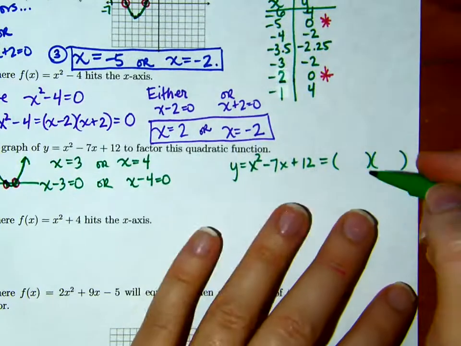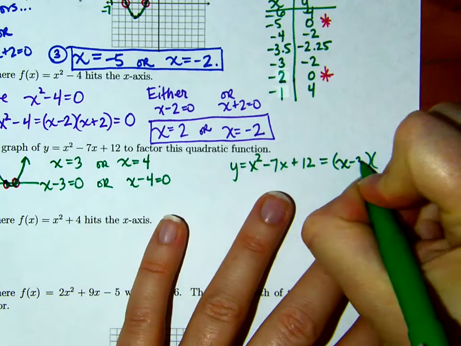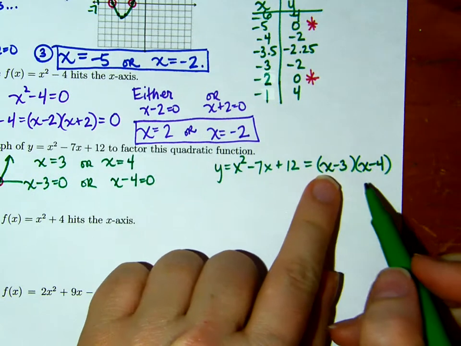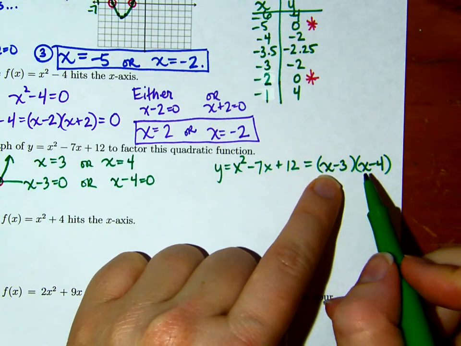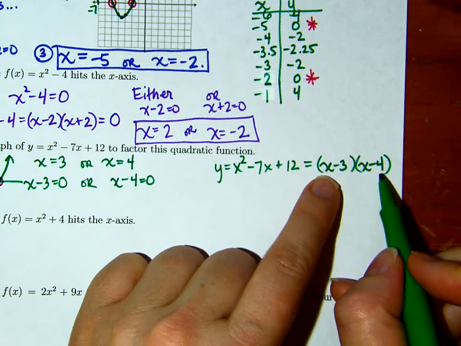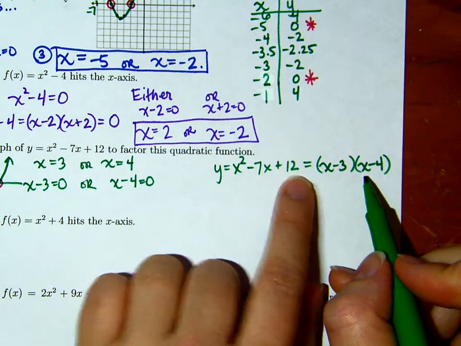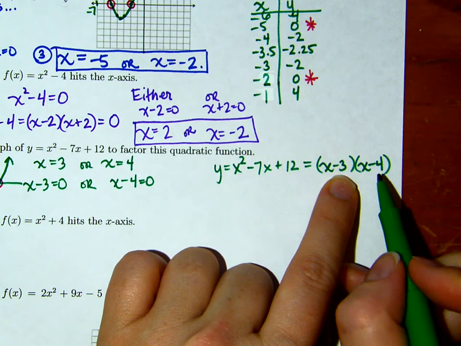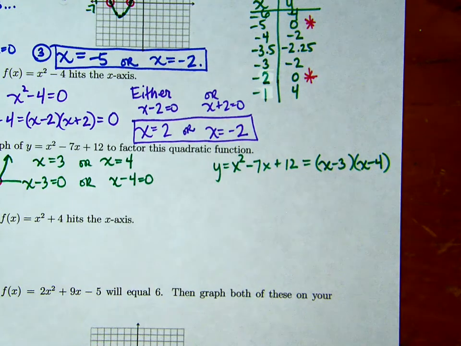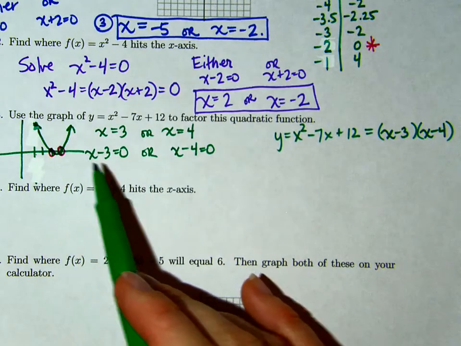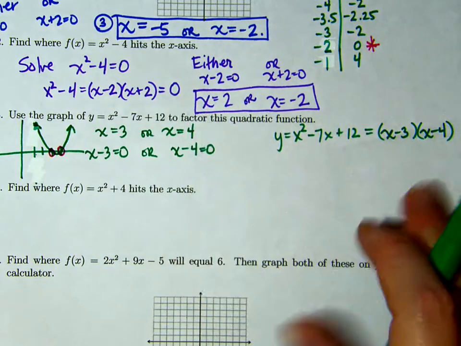So this would look like x minus 3 and x minus 4. Double check always. X by x is x squared, minus 4x's minus 3x's, which would be take away 7x's, and then negative 3 by negative 4, positive 12. Checks out. Okay, so that was handy because it told me what my factors might be.